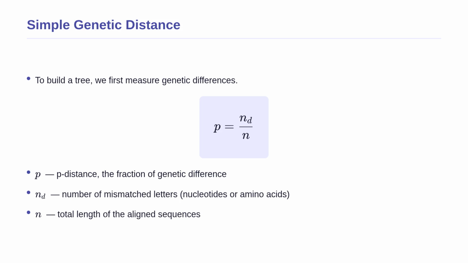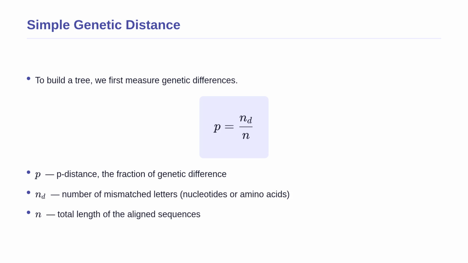Before we can build an evolutionary tree, we need a way to measure how different two sequences are. This brings us to the simple p-distance formula. Conceptually, this formula calculates the ratio of genetic differences to the total sequence length. In this equation, p represents the p-distance, which is simply the fraction or percentage of genetic difference.